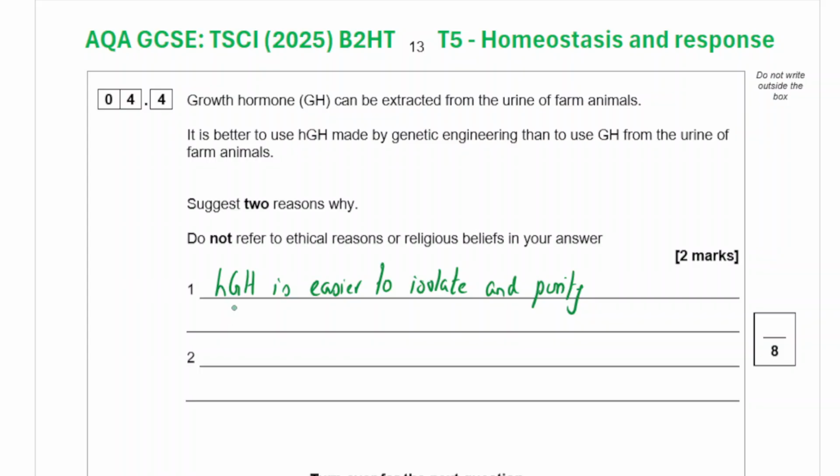Could be made in larger quantities, right?